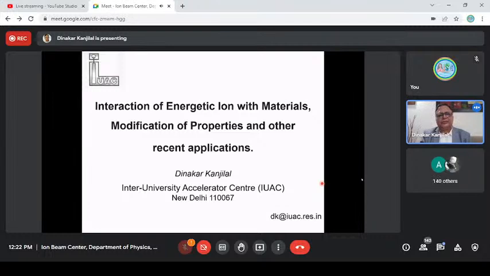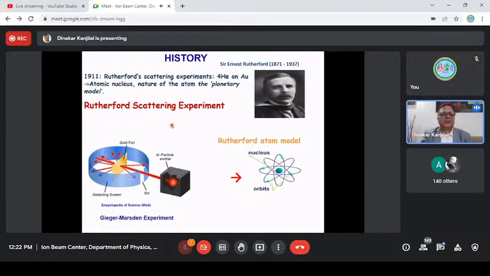So my first question is, let us go back to how these energetic particles, ions, came about initially. Earlier, the nucleus and atoms were all messed up together, all kinds of ideas were floating, but the first impact came from Rutherford's experiment, which you have extensively studied at various levels.